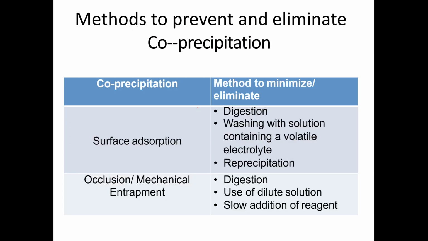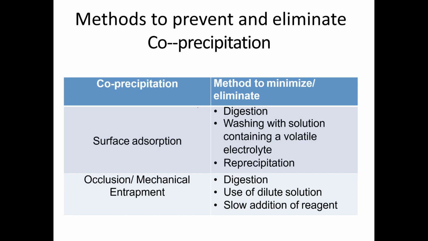Now, the methods to prevent and eliminate co-precipitation. For example, co-precipitation by surface adsorption: how to minimize and eliminate it? By using the digestion process, by washing with a solution containing a volatile electrolyte, and also by doing re-precipitation.